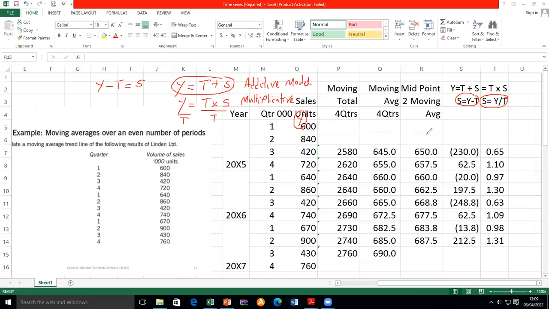This is the Y. And where is your T? Your T is here. So you take Y minus T to find the S. Can you please try the others? Check your calculators. That minus that. Please, can you check? And this is your S, using the additive model.